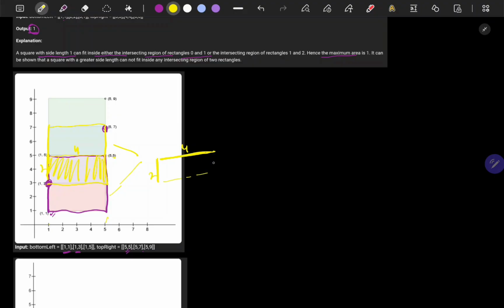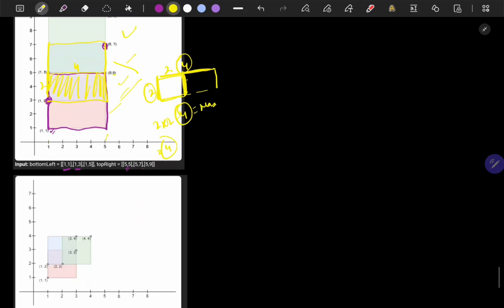This is a rectangle only, but how many squares can we fit inside it? If we take the minimum of both, it is 2. So if we keep this side also as 2, this is the area: 2 cross 2 is 4. 4 is the max area here. If you try any other possible rectangle pair also, the answer will be 4.